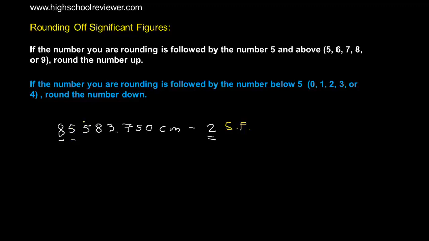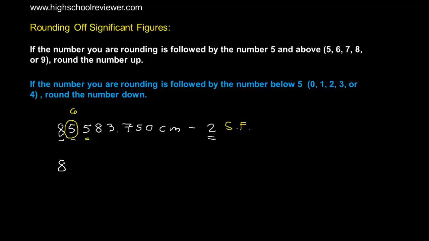Based on our rule, if the number you are rounding is followed by the number 5 and above, the number that we are rounding here is followed by the number 5. Based again on rule number 1, we are going to round up this number 5 since it is 5 and above. So if we round this up, this will now be 6.